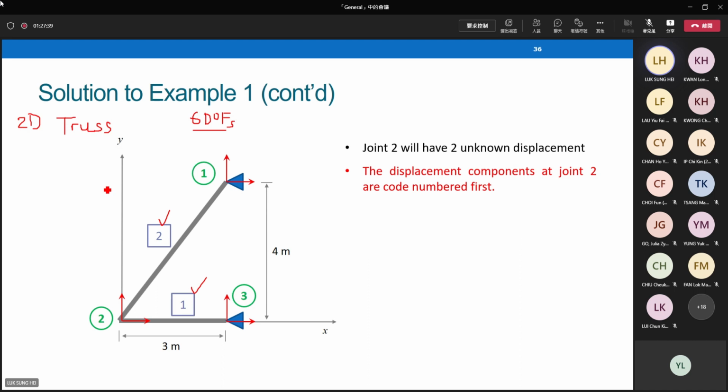What does the textbook suggest us to do? The textbook suggests us to make some observation first. We have 3 nodes in total, and some coincide with the supports. The textbook requests us to find out the positions with unknown displacement first.